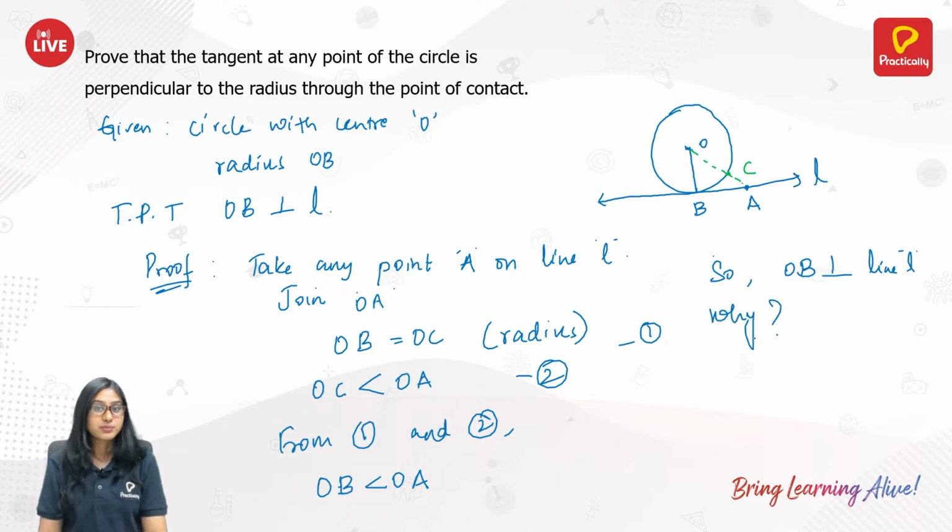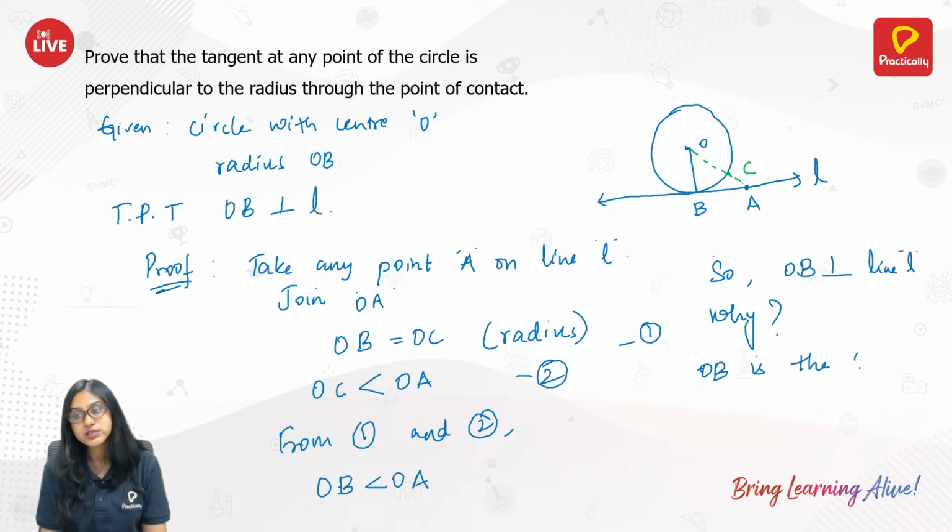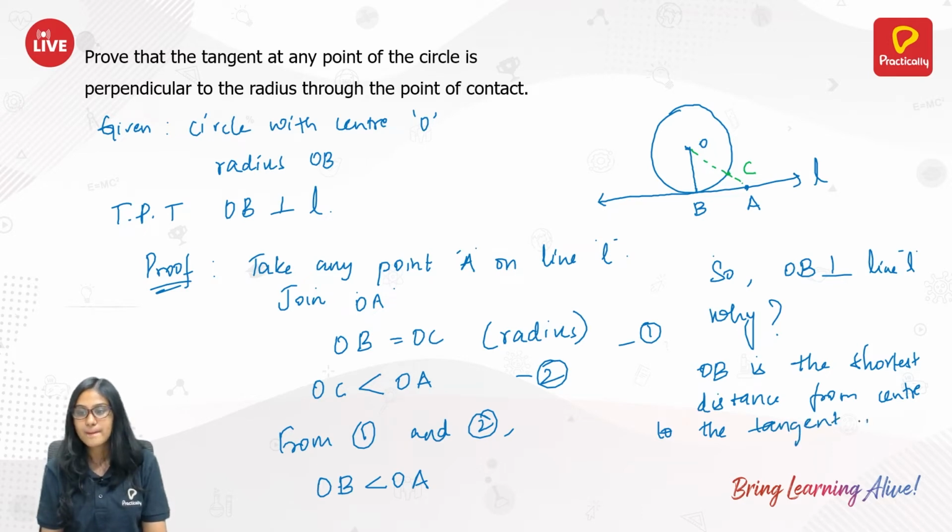Because OB is the shortest distance from center to the tangent at point of contact. Alright, so the first theorem is done.